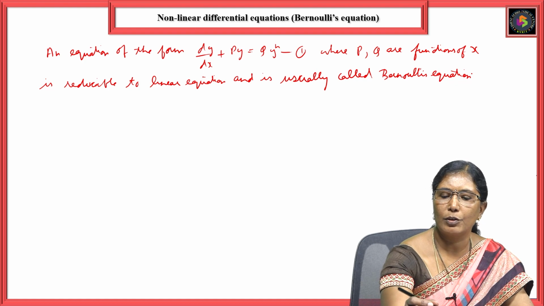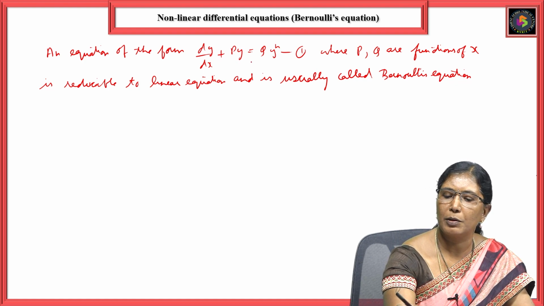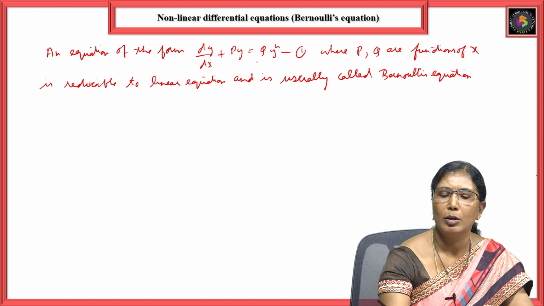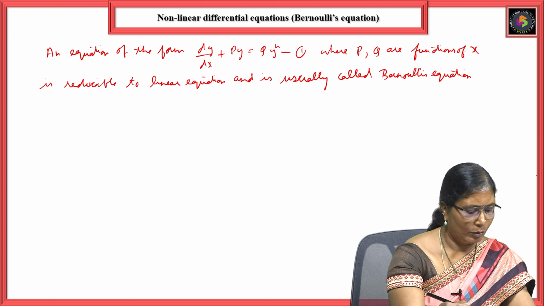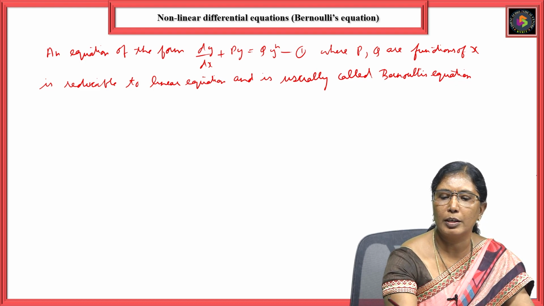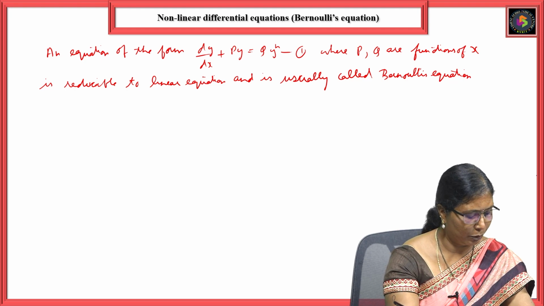So the equation of this form is called Bernoulli's equation. We can reduce this equation to a linear differential equation by a certain substitution.